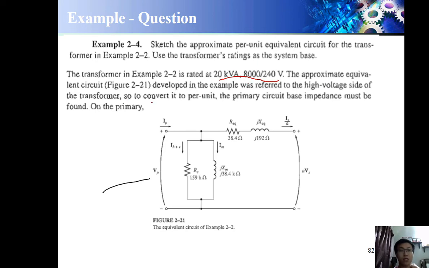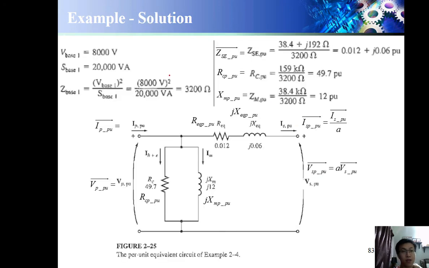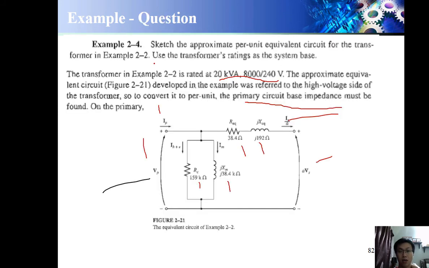The approximate equivalent circuit developed in the example was referred to the high voltage side of the transformer. So to convert it to per unit, the primary circuit base impedance must be found. So I have this one, and given this one, my V1 base is 8000 and my S1 base is 20k.